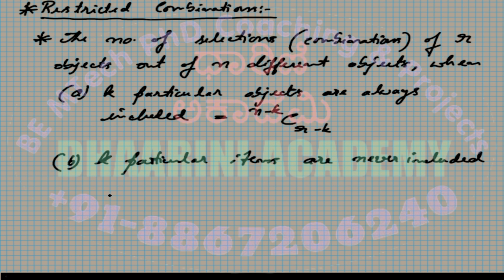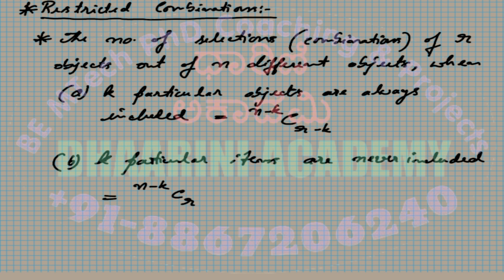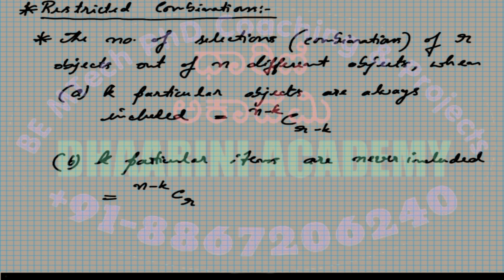I don't want to include them at all. Then this is equal to simply (n minus k) C r. So I'm selecting r objects. It depends on whether you want to select something or you don't want to select something. Just dependent on that, I can make a decision.